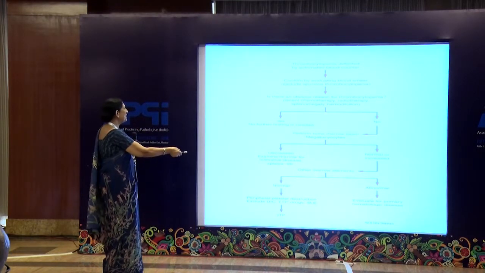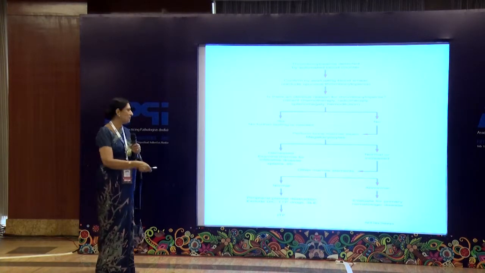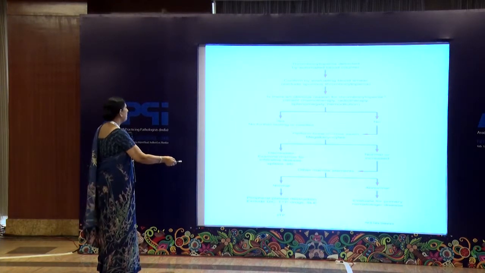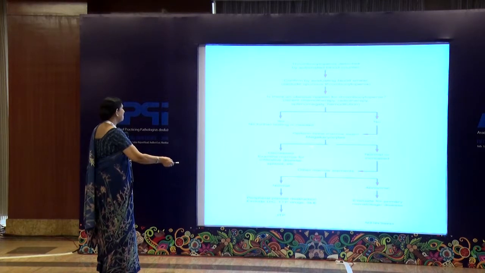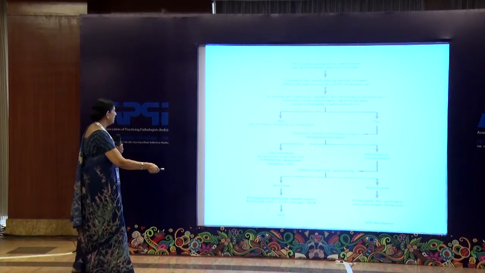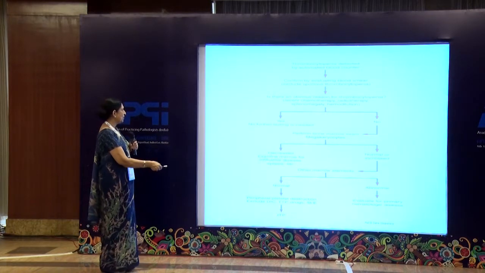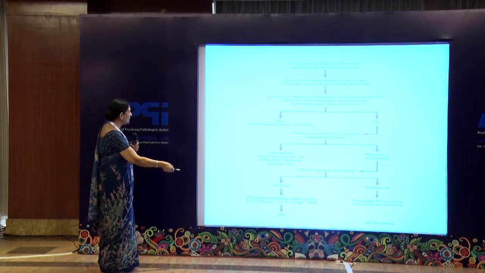So if there is no reason for the patient to bleed or to have thrombocytopenia, then you must perform a bone marrow to find out if megakaryocytes are present or not. If they are decreased, is there infiltrative disease or is there aplasia? Why are they decreased? If they are normal or increased, you are probably looking at some other causes.